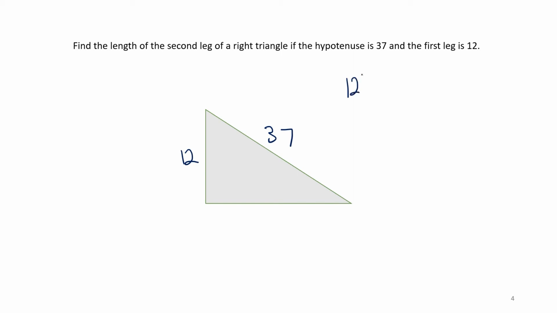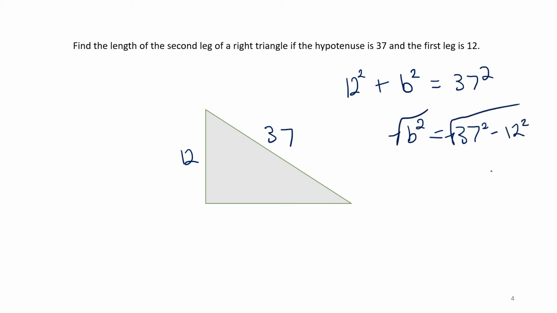So A is 12, so 12 squared plus B squared equals 37 squared. And then we will rearrange as we can. B squared equals 37 squared minus 12 squared. And then we will root both sides and we can get our answer.